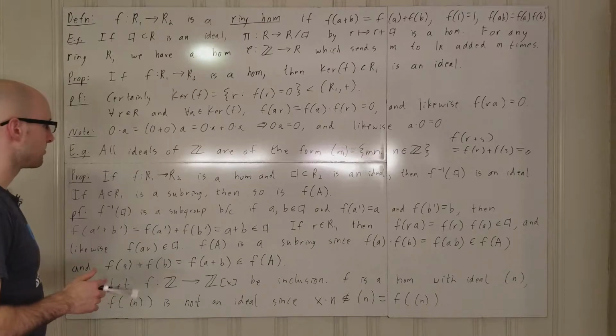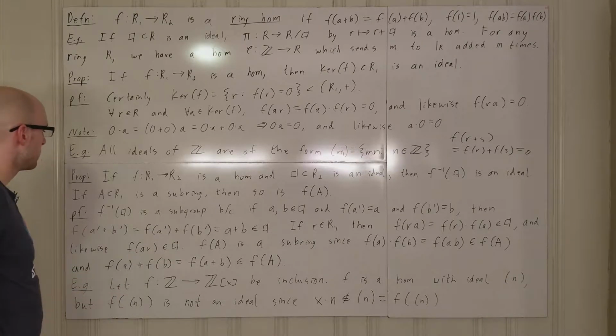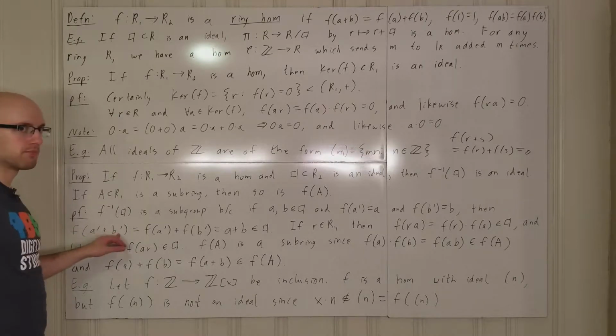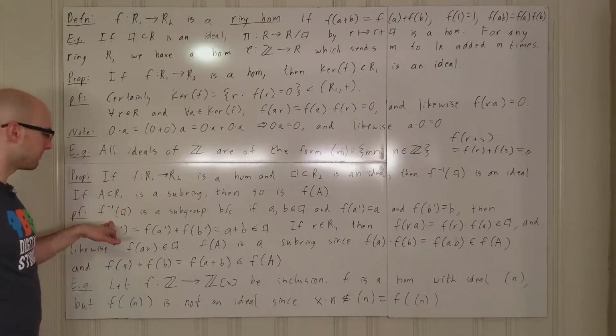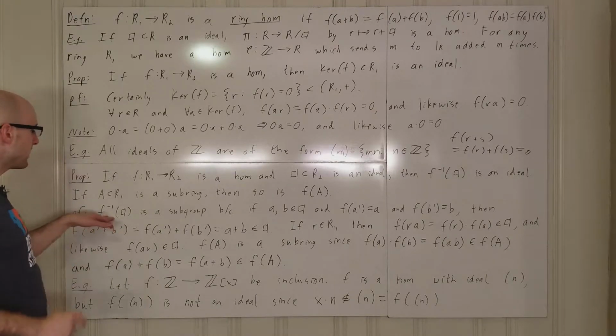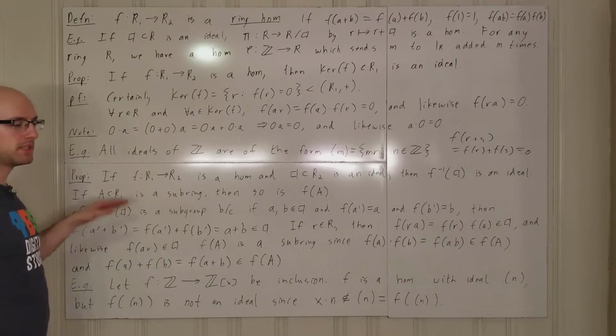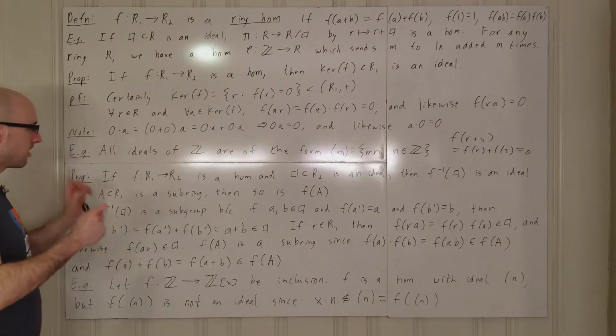What we're really starting with, because we want this to be a subgroup, is elements a prime and b prime in F inverse of A. And the fact that they're in F inverse of A means that there are things in R1.